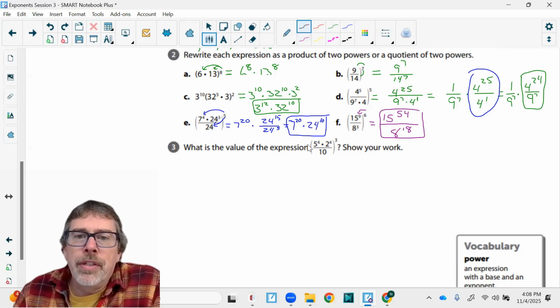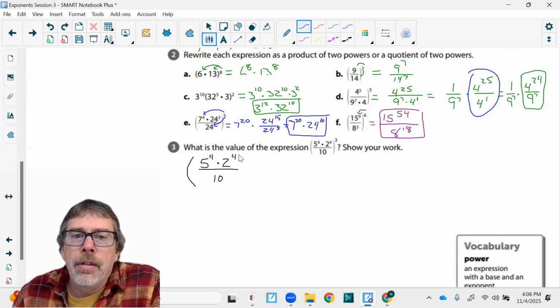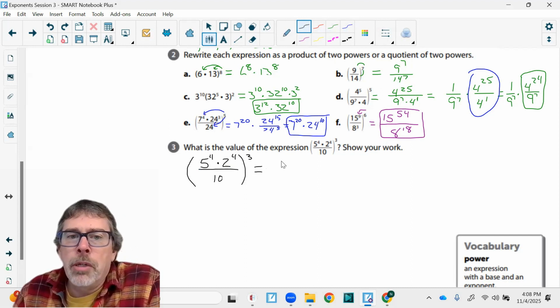What is the value of this expression? So I always like to rewrite these because they're kind of small. 5 to the fourth times 2 to the fourth all over 10 to the power of 3. So I'm going to show all my work here. It's going to be 5 to the 4 times 3, right?